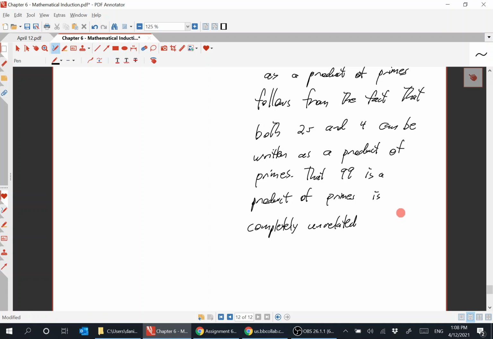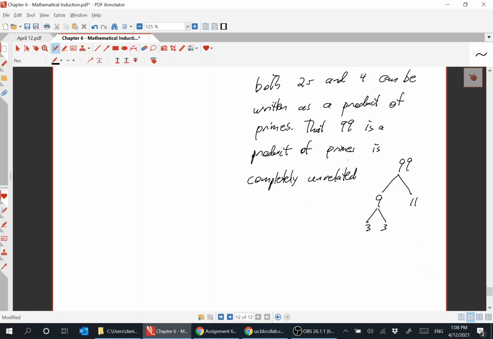Right? Here's 99. What's its factor tree look like? Well, it's 9 times 11. 11's prime. And 9 is 3 times 3. So 99 is 3 times 3 times 11. What's that got to do with the fact that 100 is 2 times 2 times 5 times 5? Other than the fact that you're using the factor tree, nothing. There's no primes in common here.